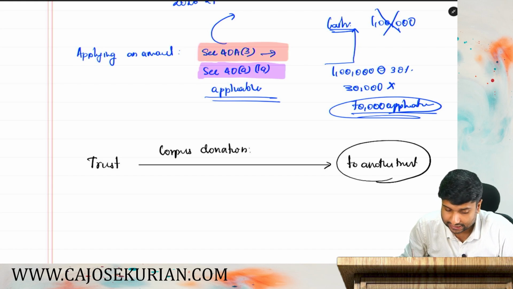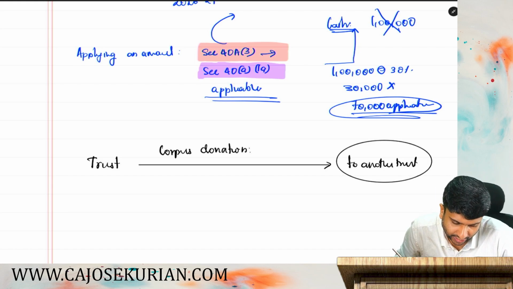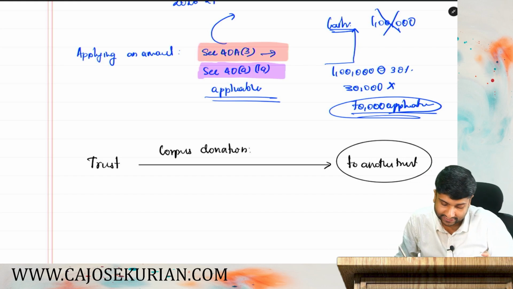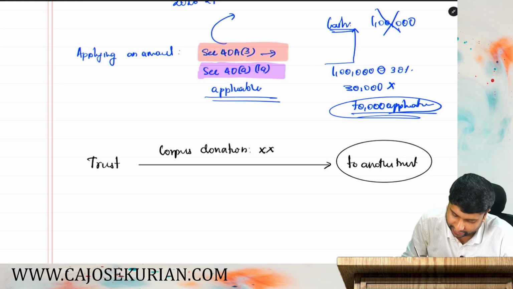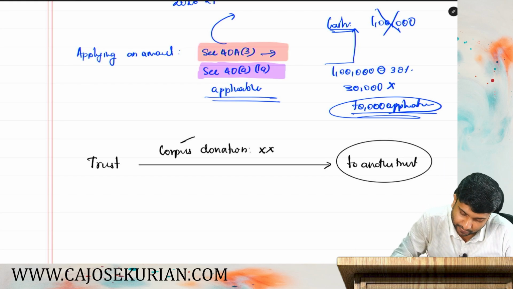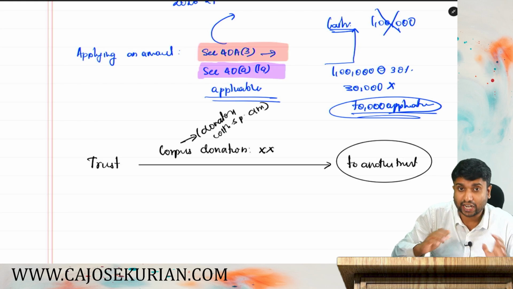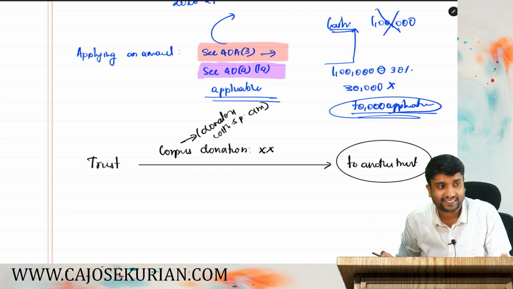Donation with specific direction. So you are a trust and you have given a donation to another trust with a specific direction.